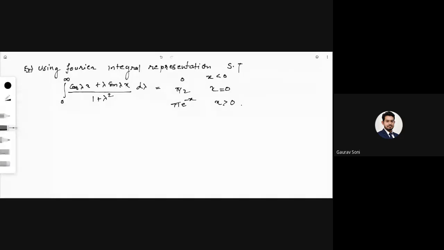No idea. Okay, I'll just give you the idea how to solve it. So we have the given function f of x, which is 0 for x less than 0, pi by 2 for x is equal to 0, and pi e to the power minus x for x greater than 0. Okay.